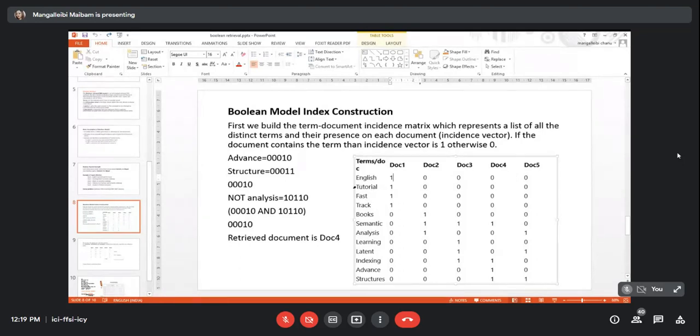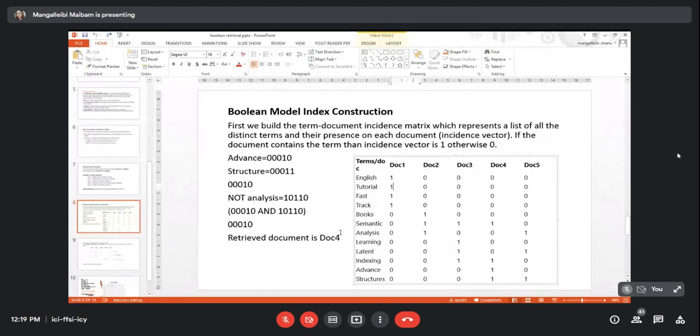Similarly for all the terms we have to check the presence of the term in the documents. For tutorial, you check if it is there in D1, D2, D3, D4, and D5. If the particular term is present in that particular document, you write 1, otherwise you write 0.